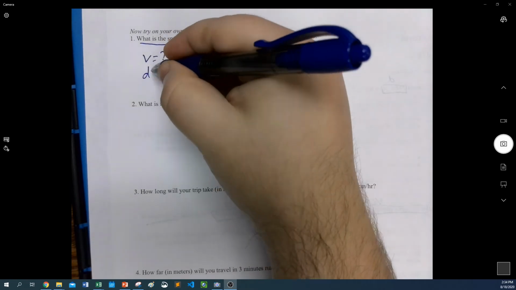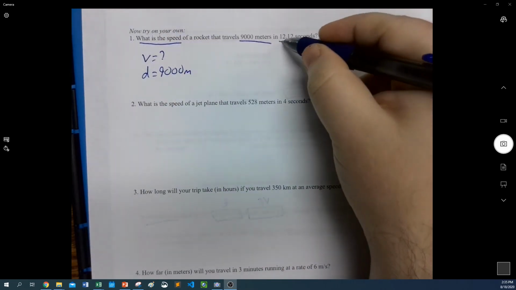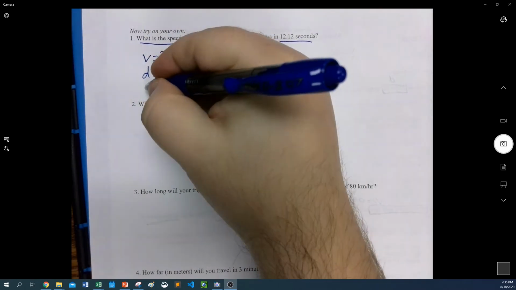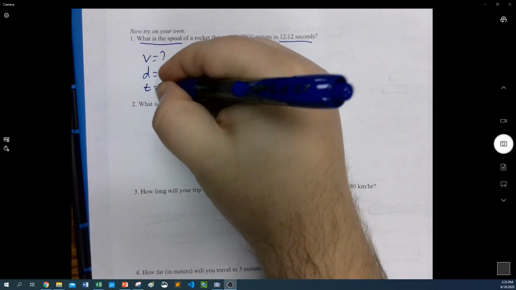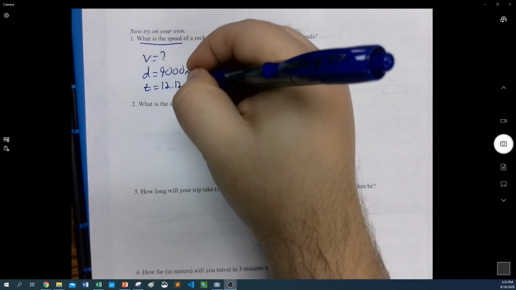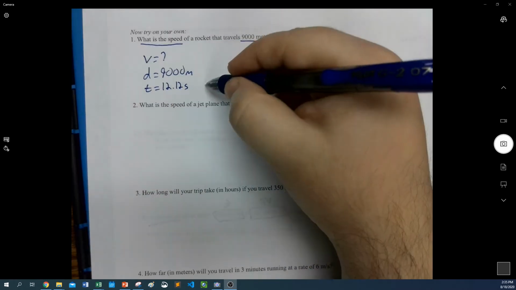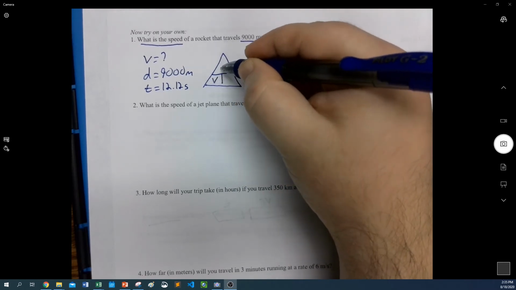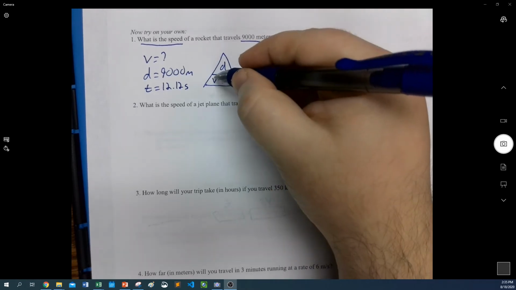So that's our distance, 9,000 meters in 12.12 seconds. So that's our time is 12.12 seconds. So we can use our triangle. Speed is equal to distance over time. And we're solving for speed.